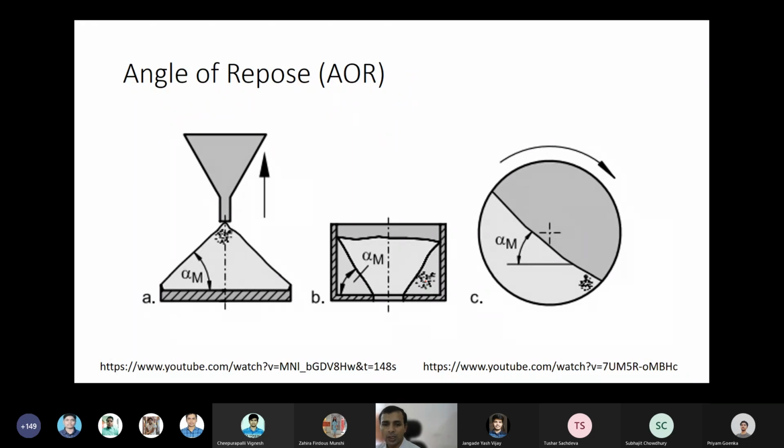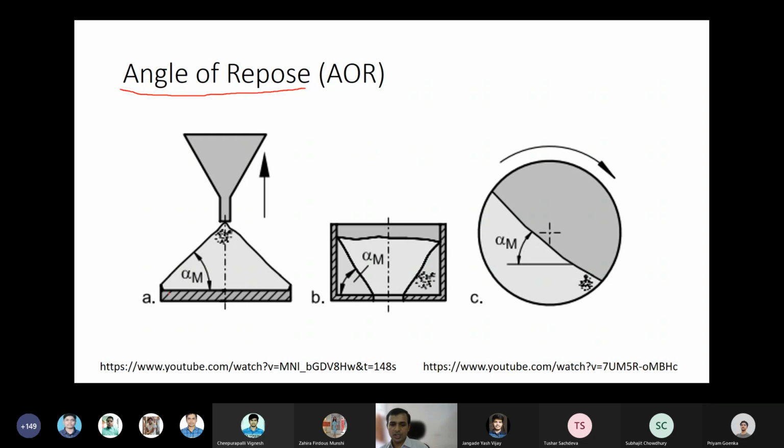One property that we can easily test that gives information about the flowability of the particles is the angle of repose. So what is angle of repose?